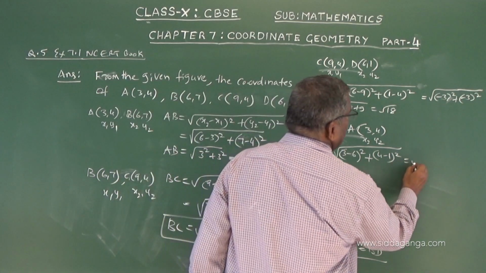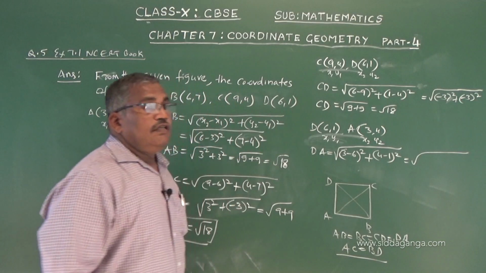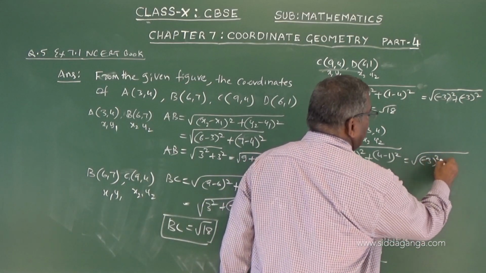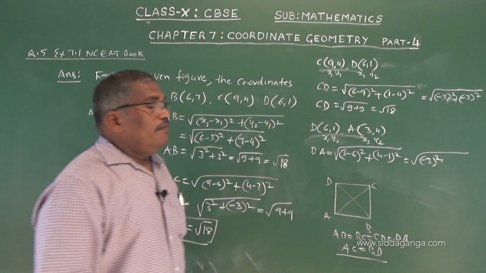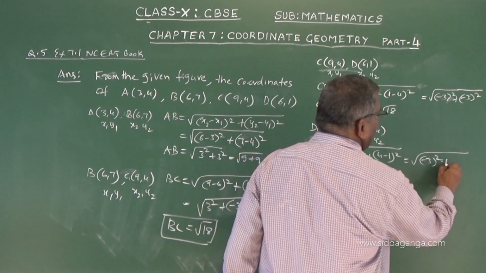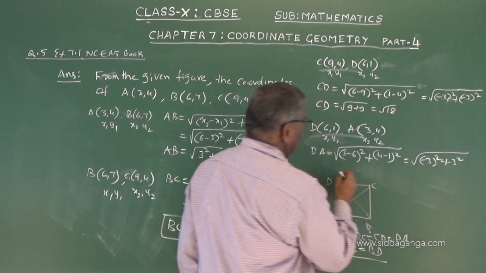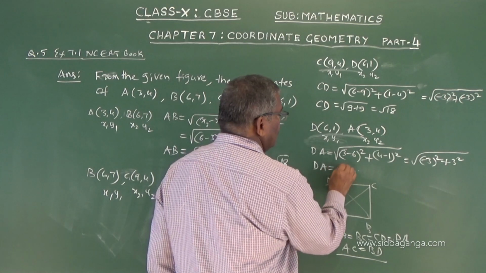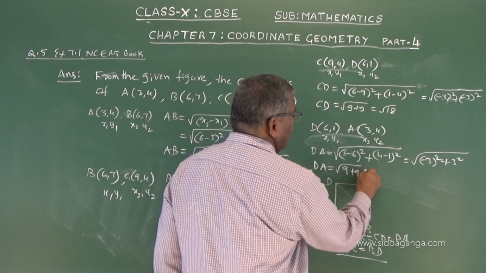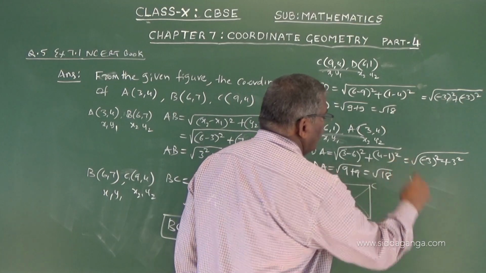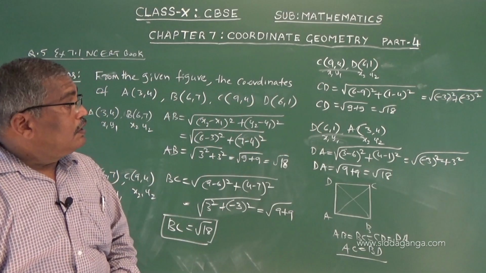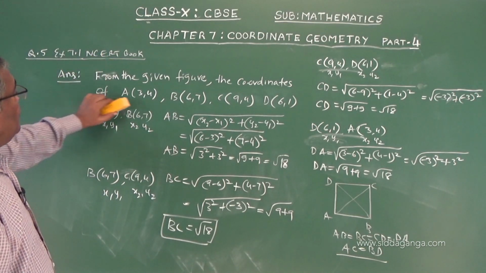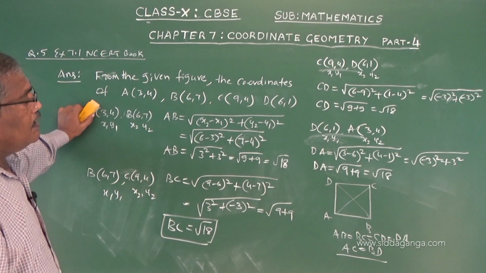So this equals square root of (minus 3) whole square plus 3 square. So DA again equals root of 9 plus 9, which is root 18. Now I will erase here, leaving this ABCD, the rest I will erase.